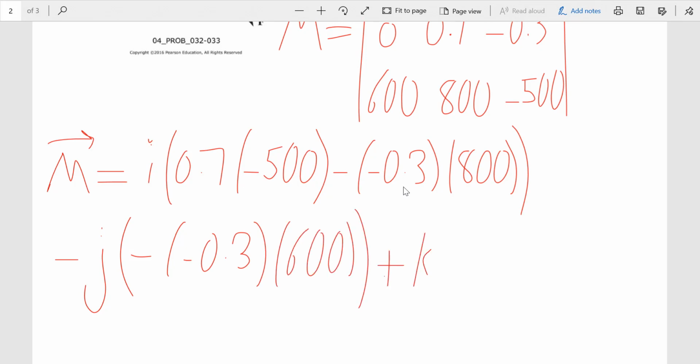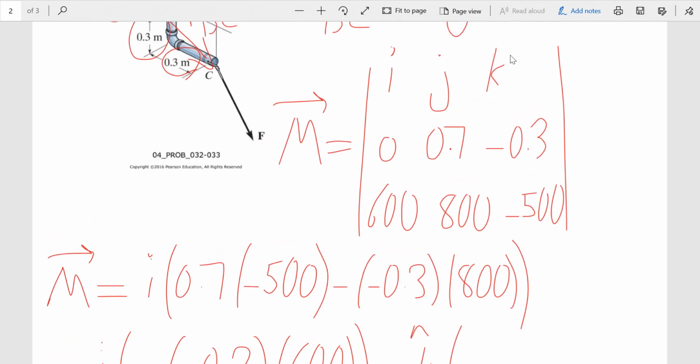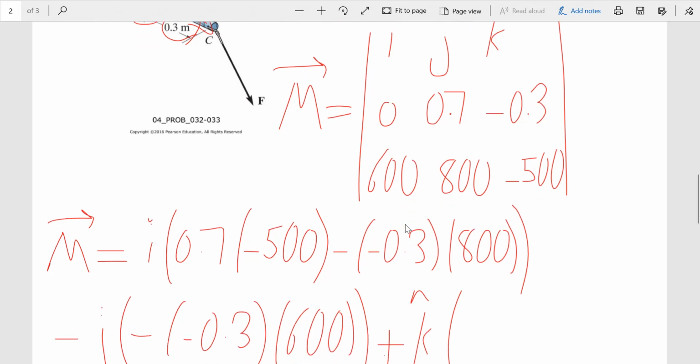And the last component would be K. For K, I remove the third column and the first row. So 0 times 800 minus 0.7 times 600.